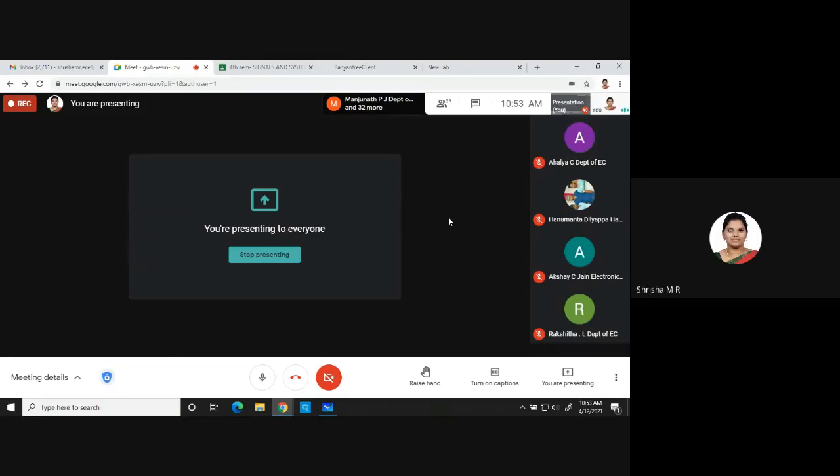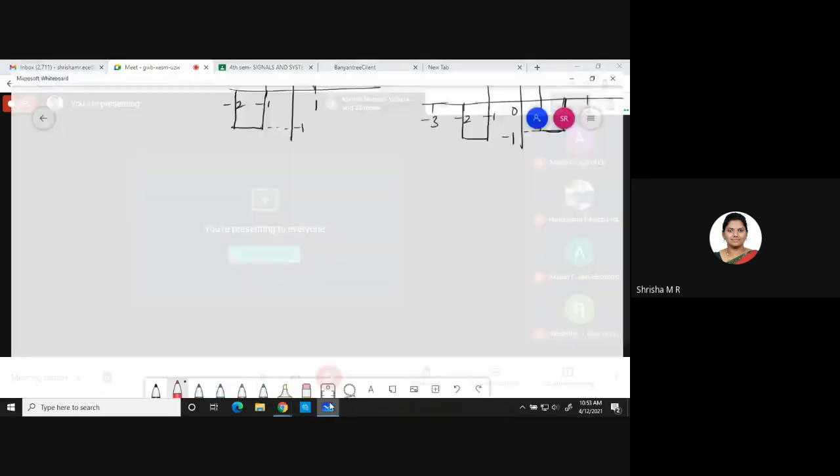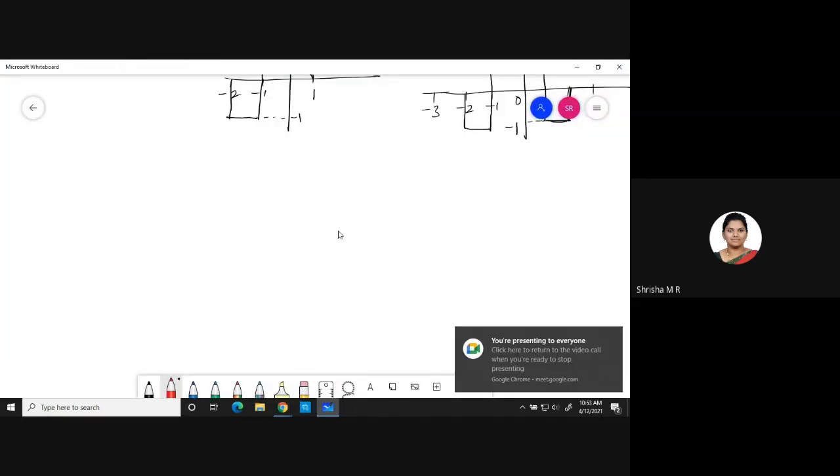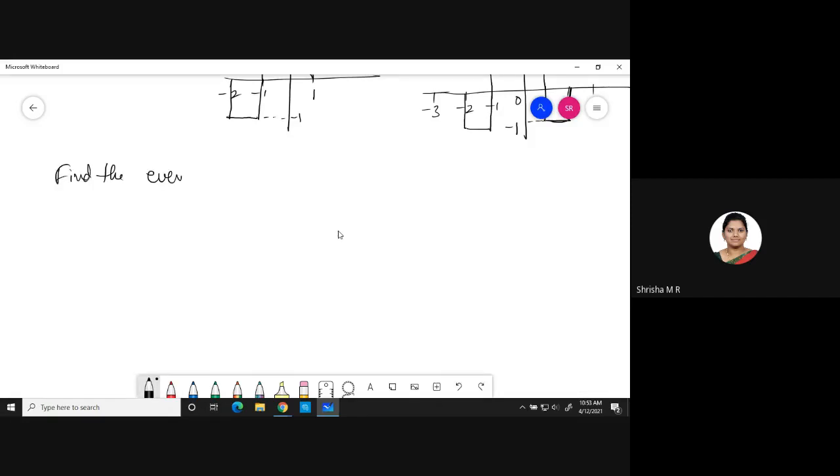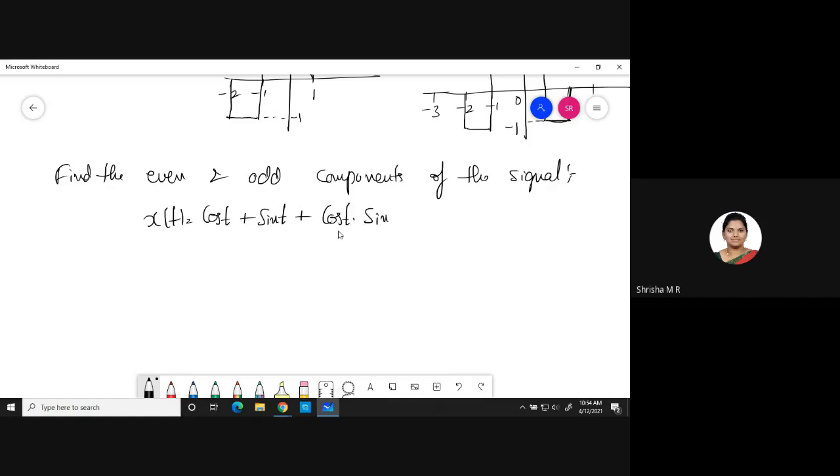I'll give you one problem with an equation. You try solving that. Find the even and odd components of the signal. x of t is equal to cos t plus sin t plus cos t into sin t.